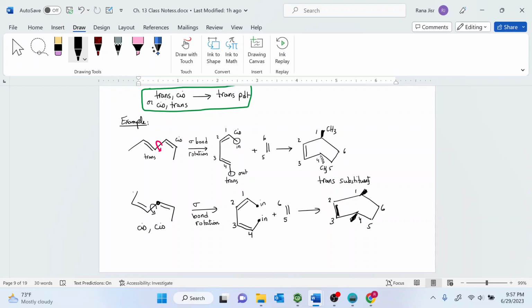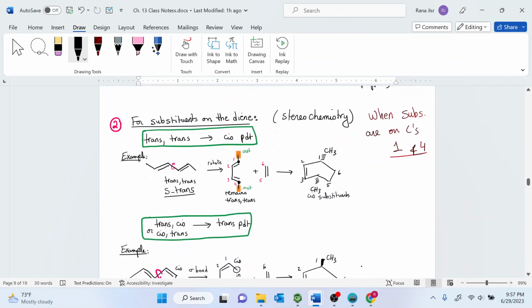So as a summary, if you are starting with a cis diene, then you're going to end up getting the cis product. Okay, so these are the 3 rules that I want you to know. Starting from a trans diene, you're going to end up getting the cis product.